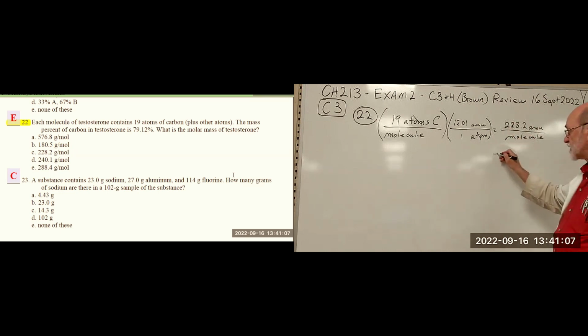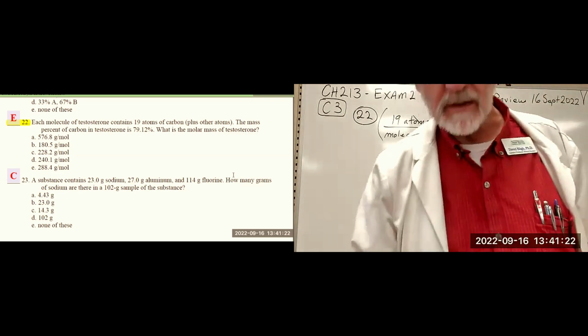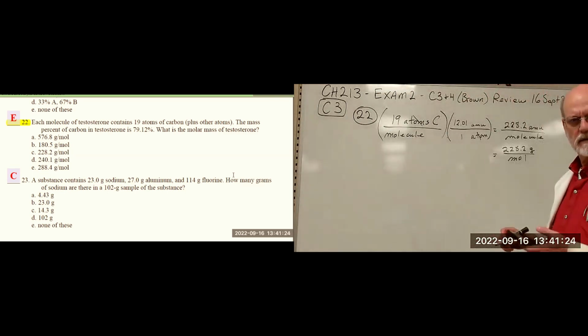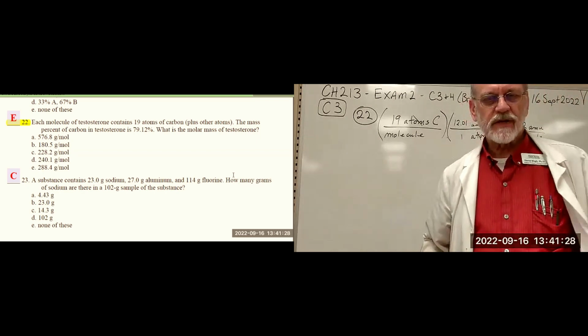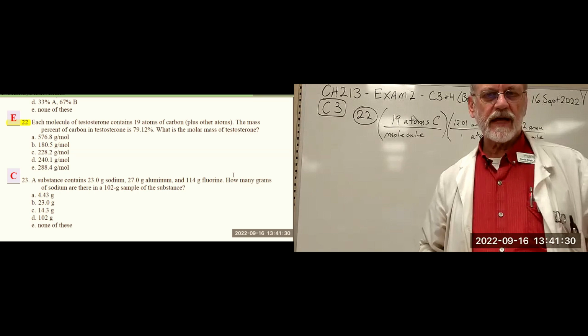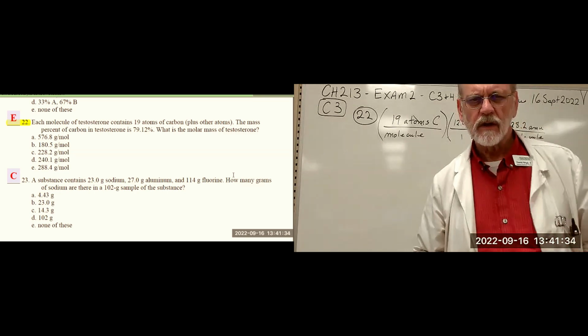So this is actually equivalent to 228.2 grams per mole of testosterone. Oops, 228. Let me do that again. Oh, okay. The mass percent of carbon in testosterone is 79.12%. What's the molar mass of testosterone?